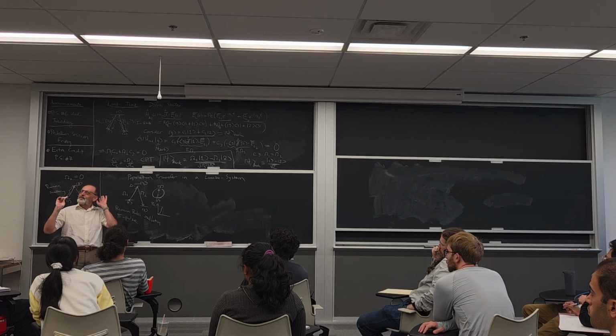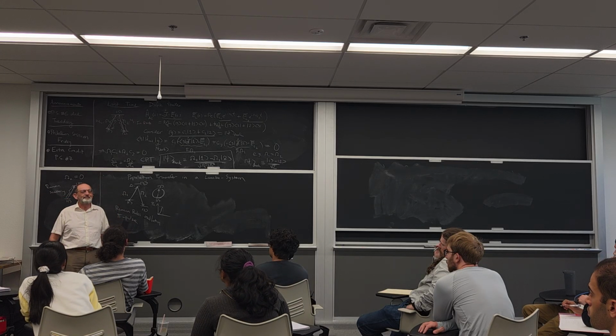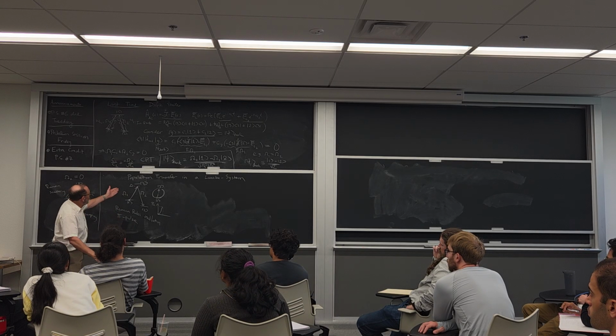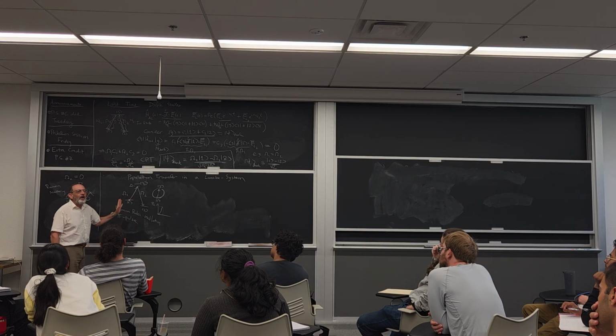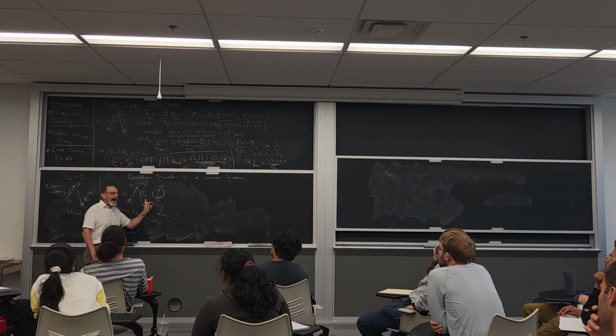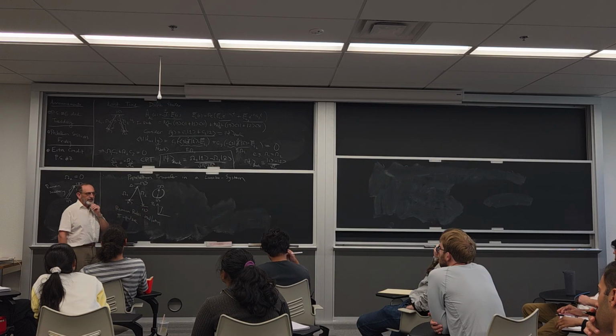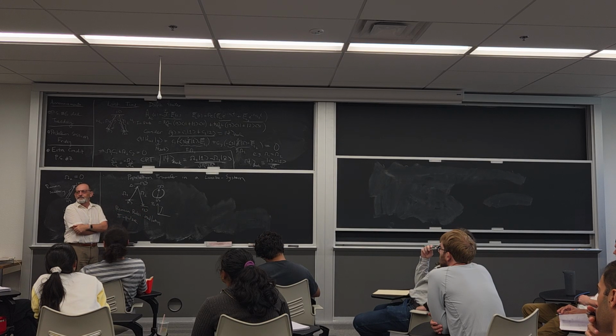I'm listening, but everyone's not quite willing to speak up. Okay, given this detuning, given these two Rabi frequencies, how long should I wait such that I do exactly a Raman pi pulse? Yes?